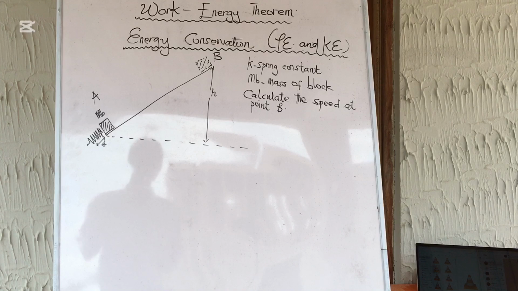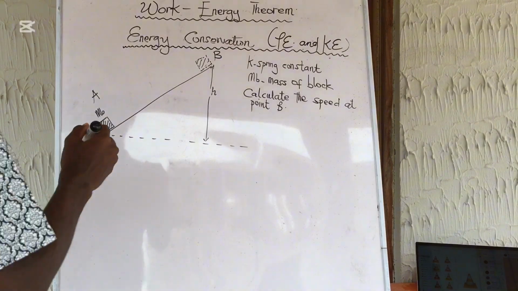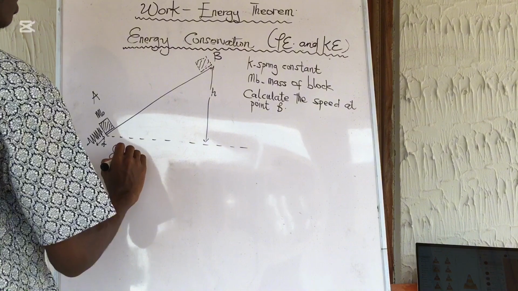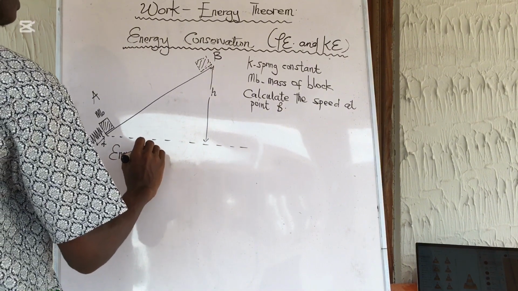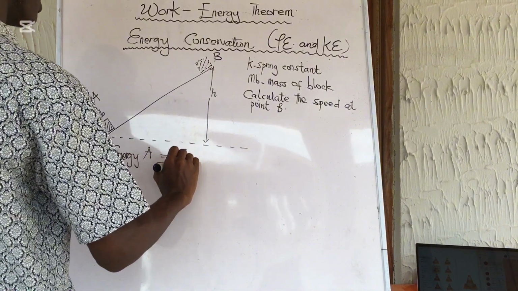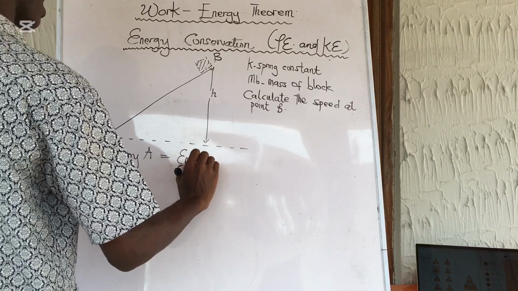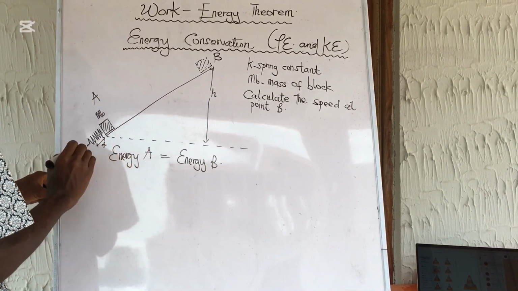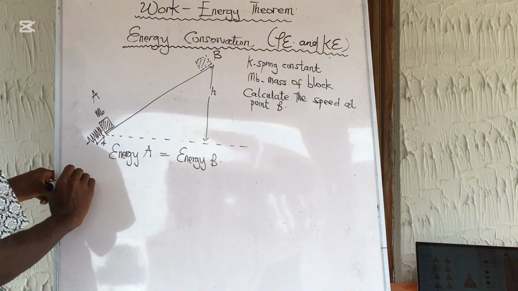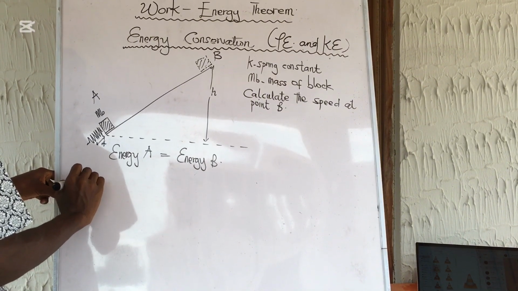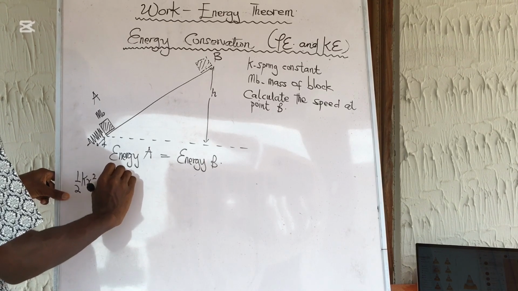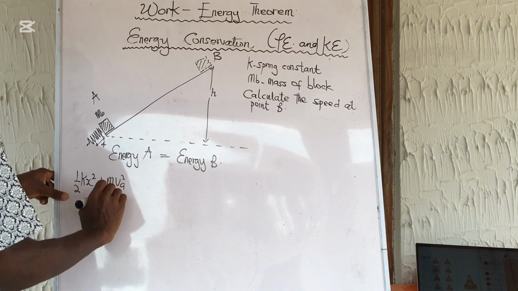your extension here is 0. So the energy at point A is the same thing as the energy at point B. So the total energy at point A is the same thing as the total energy at point B. So at point A, you have spring energy, so you have half kx square plus mv square at A divided by 2.